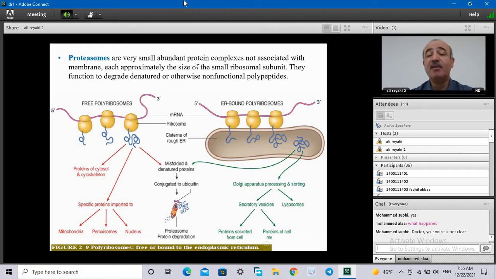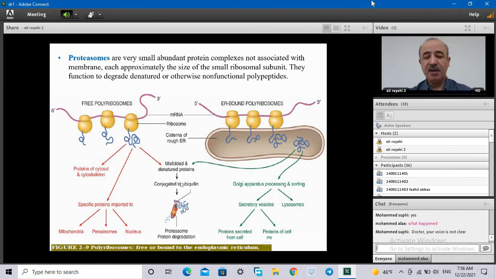Proteasomes are very small, abundant protein complexes. The structure of the proteasome is protein, a protein complex not associated with a membrane. That means it doesn't have a membrane. Each is approximately the size of the small ribosomal subunit, and they function to degrade non-functional polypeptides.